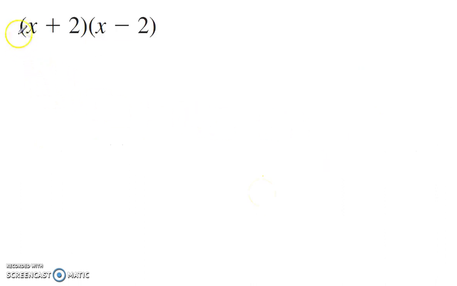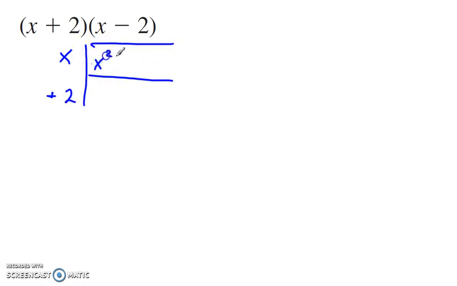Okay, and now this you might recognize from the previous chapter when we did conjugates. Okay, if we multiply this out, let's use the box method. X and plus 2 here. All right, x times x is x squared. X times negative 2 is negative 2x. Positive 2 times x is positive 2x.